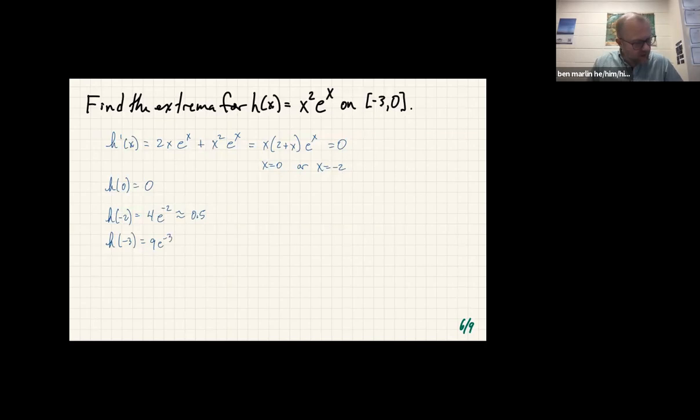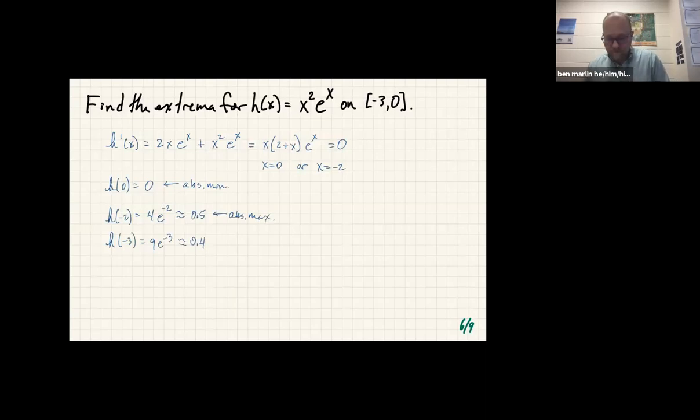I'm getting about 0.4. Okay. So this says that this is our absolute minimum, and this is our absolute maximum.